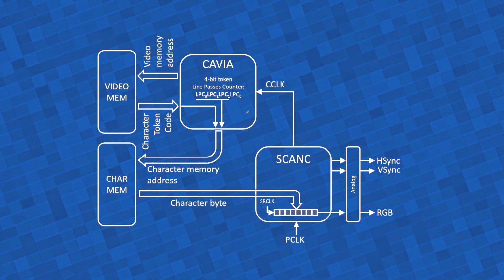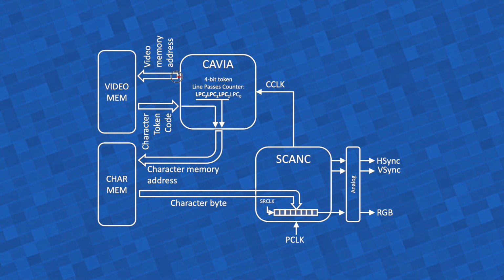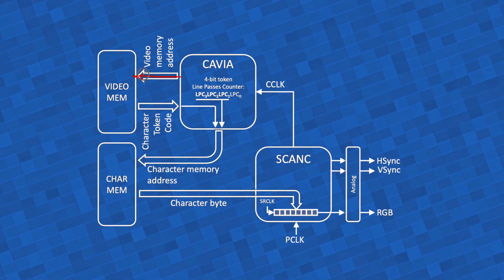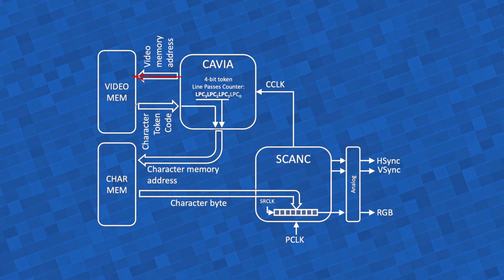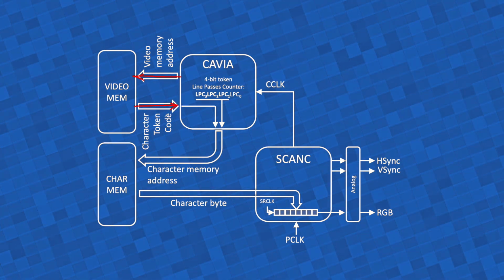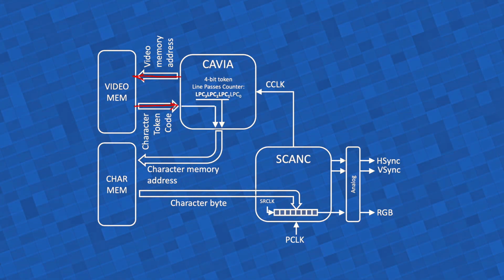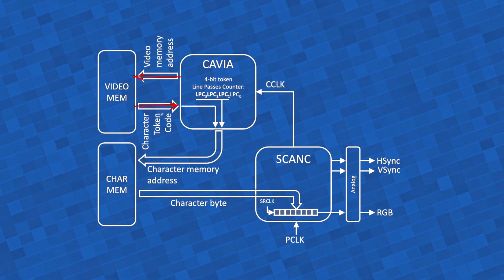If you recall, this is how CAVIA was originally set up. CAVIA produces an address to index the video memory where the character tokens are stored, and as an answer to that request through the data bus, CAVIA gets a character token code which roughly corresponds to the address of the first byte in the character map.